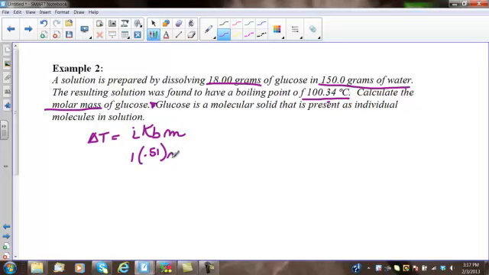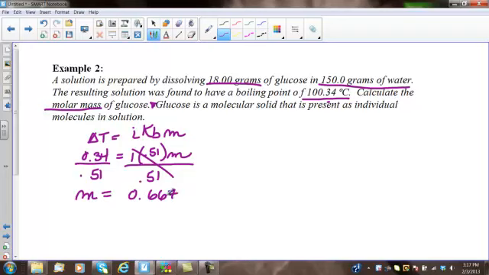We technically don't know molality, and we know our change in temperature: the normal boiling point is 100 degrees, so this went up to 100.34, so our delta T is 0.34 degrees Celsius. So if we divide both sides by 0.51, these cancel, and we get molality equal to 0.667.